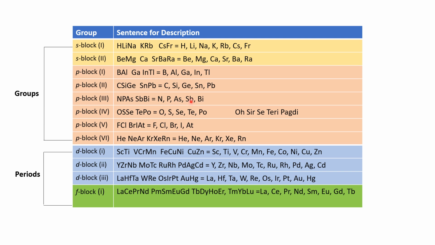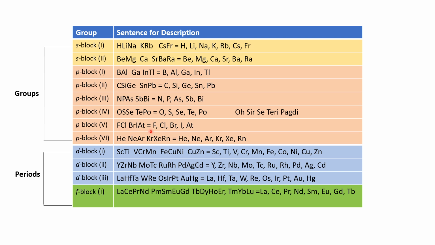antimony and bismuth. Now for the oxygen family we will use Osase Tipo, that is oxygen, sulfur and selenium, and then tellurium and polonium. Now in the halogen family or fluorine family, what will we use?